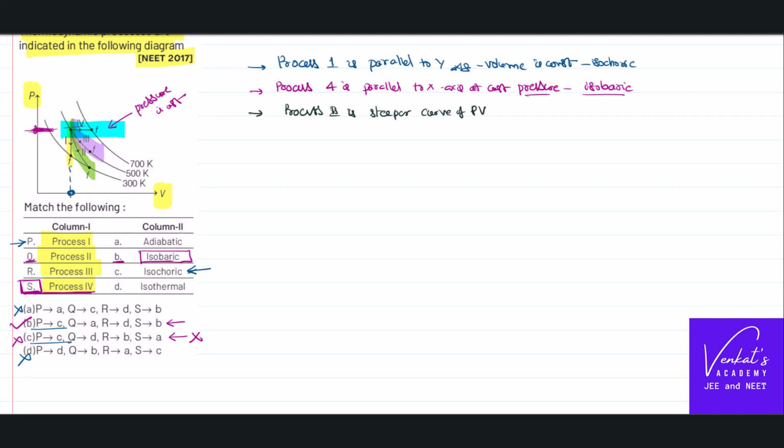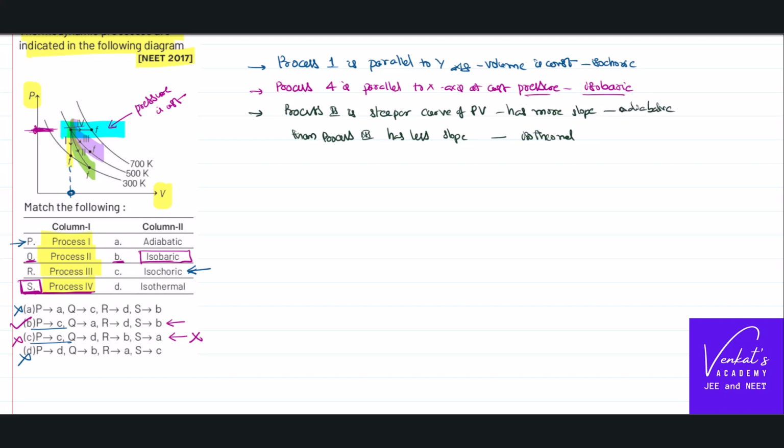That means it has more slope than process 3. Process 3 has less slope. So in the PV graph, the one having less slope is isothermal. The one having a little more slope is adiabatic.